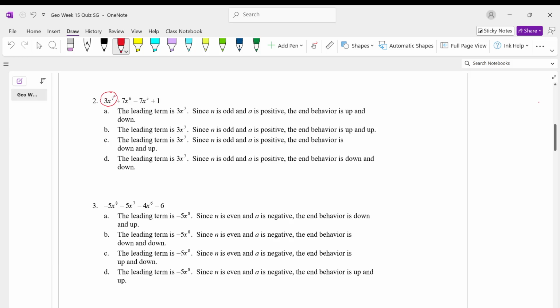So our n is 7. N is odd. A is positive. N is odd. That's down and up. So we're looking for down and up. End behavior is down and up. See right here.